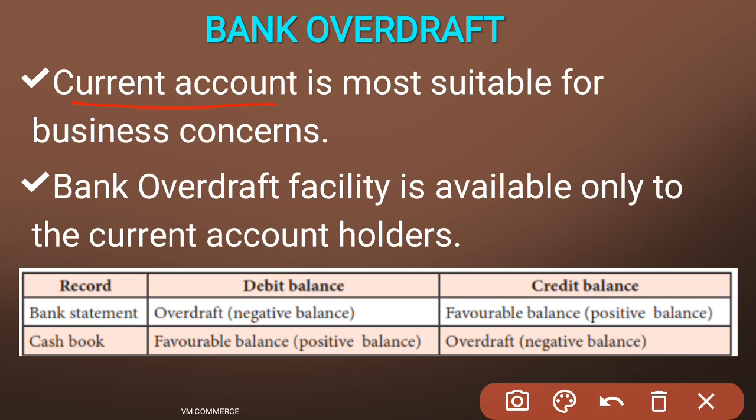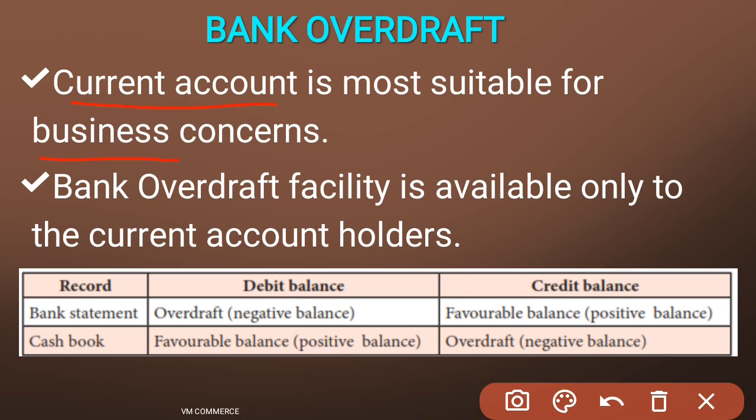The current account is also available only to business people who are doing business. Only that person can open this type of account. We can open a savings account, a recurring deposit account, a fixed deposit account, something like that, but only a business person can open a current account. Then only the current account holder can have this bank overdraft facility.